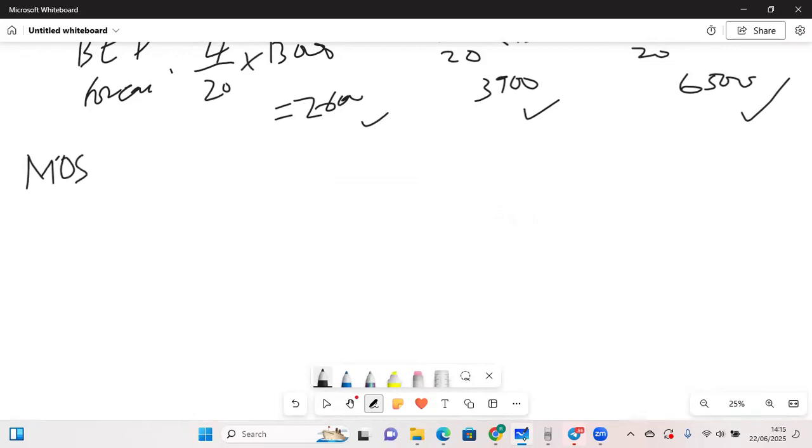The first one is going to be 4,000 minus the 2,600, and we are going to get 1,400 units.